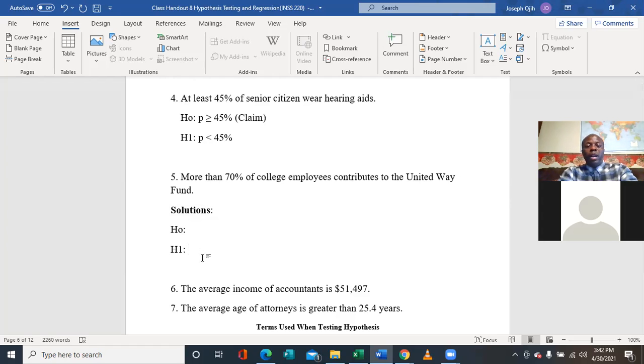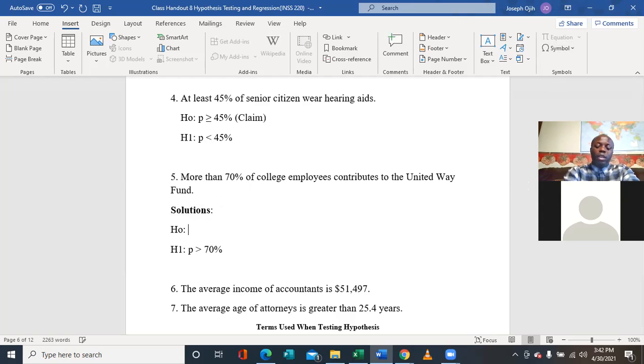And because it is a percentage, it is for proportion. P, more than is greater than 70%. Now the opposite of this is less than 70%, but you cannot use the less than symbol in the null hypothesis.